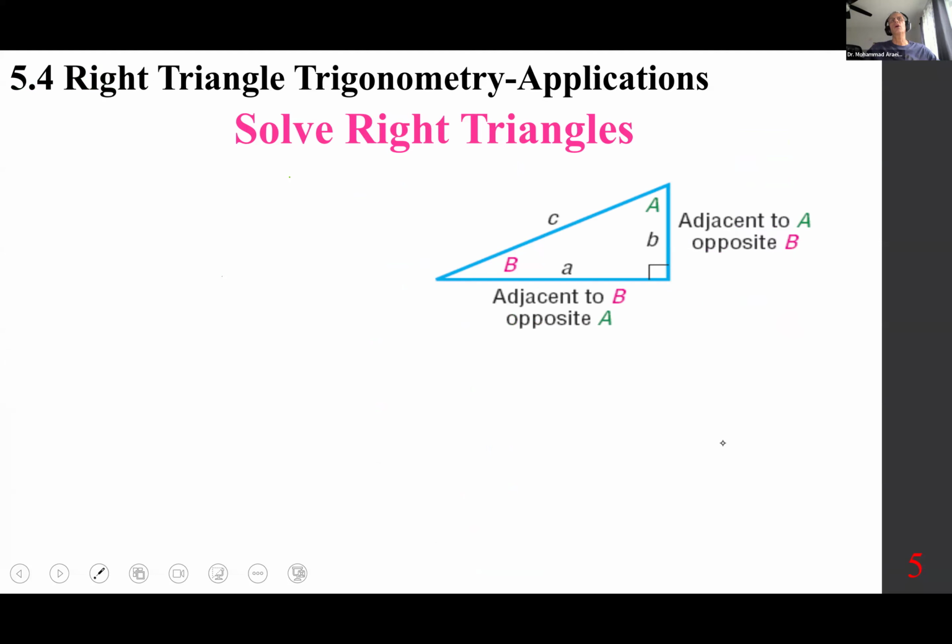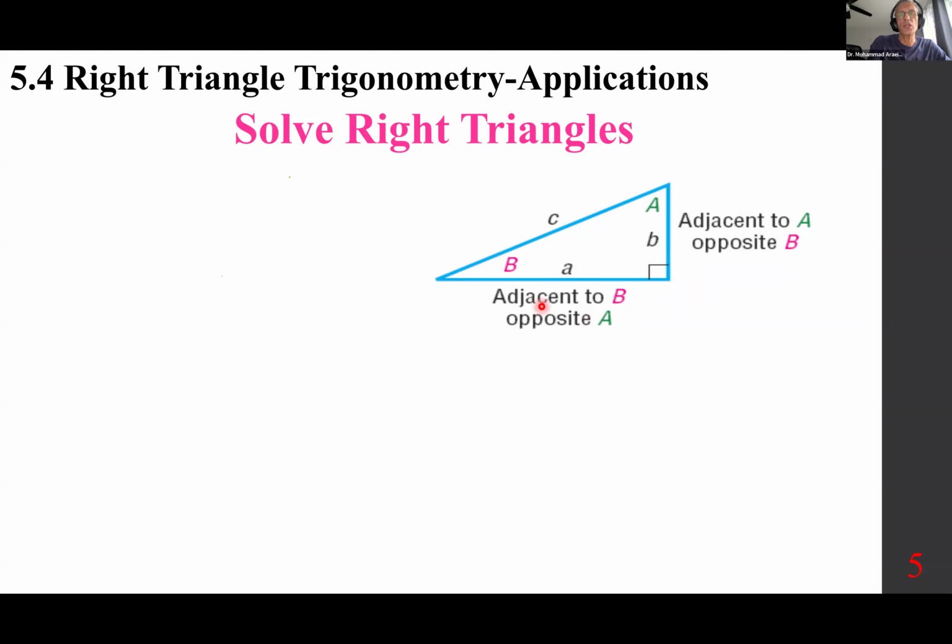Now we are going to move on to right triangle trigonometry. We want to solve the right triangle, meaning we want 3 sides and 3 angles, where certain parts are given and certain parts are missing. If this is angle A, this is angle B, and a and b are the sides, c is the hypotenuse.